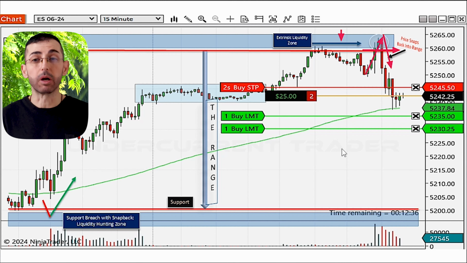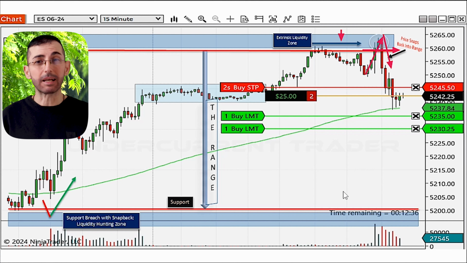In other words, what we're looking for here is those smart money driven brief spikes outside the range where the extrinsic liquidity is pulled from all the stop orders. The goal from smart money is to trigger these orders to create favorable conditions for their own trades.